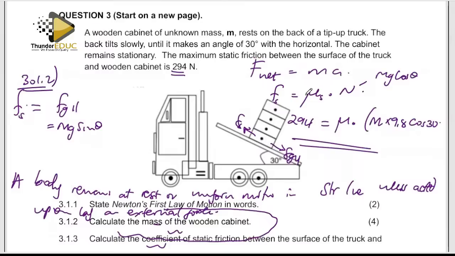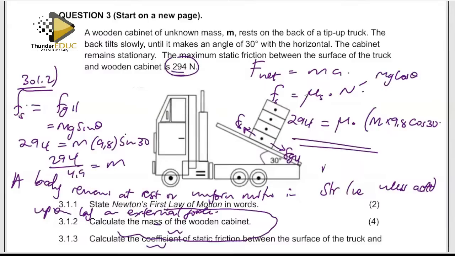They are not being specific about the wooden cabinet; we don't know the size. We only know the force. So 294 is equal to m, which we are looking for, times 9,8, times the sine of 13. That's 294 divided by 4,9, which is equal to m. So our m ends up being 60 kilograms, if we round off.